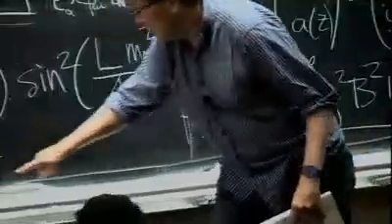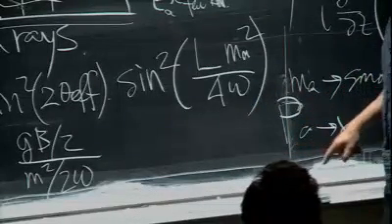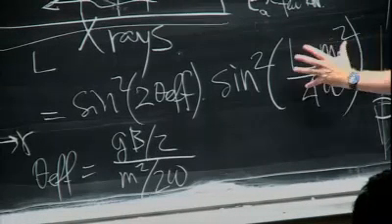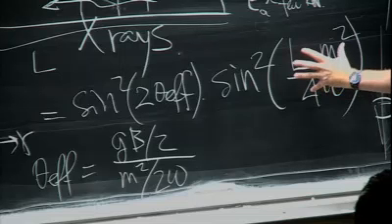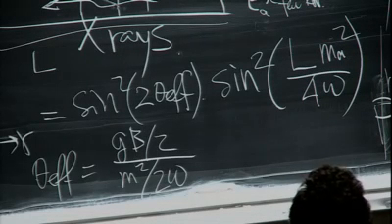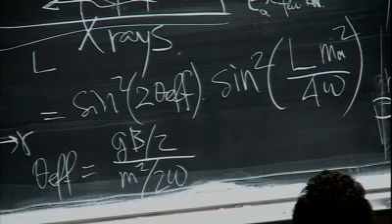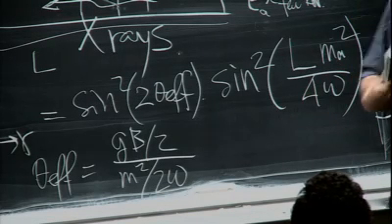Small with respect to omega, when you can expand this. Physically, it's when the oscillation length is larger than the length of your magnet.